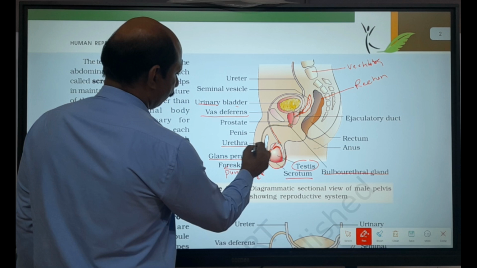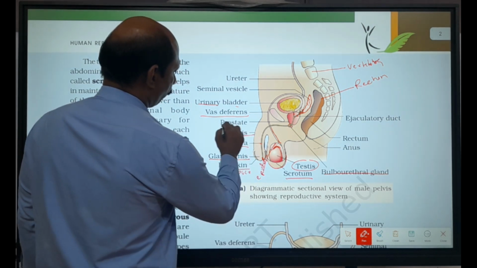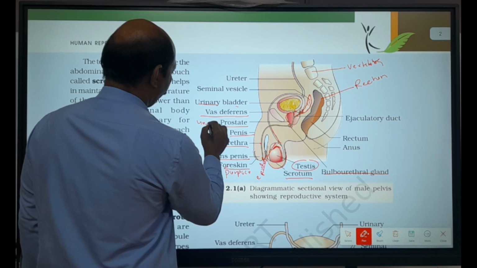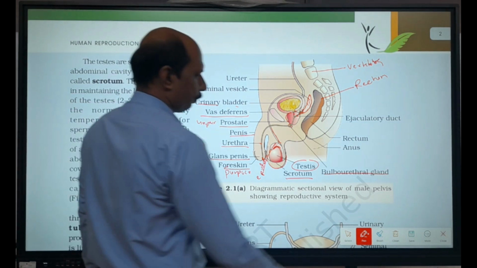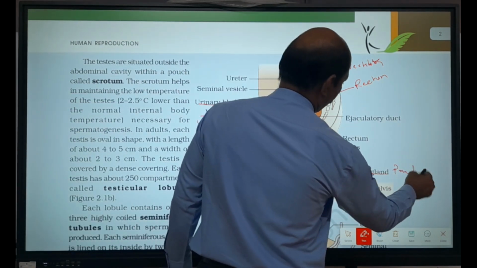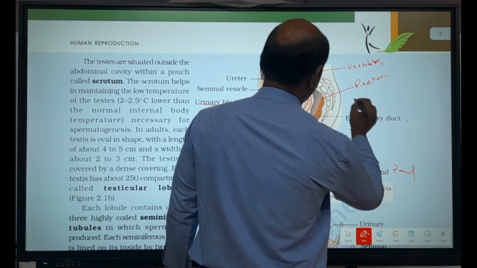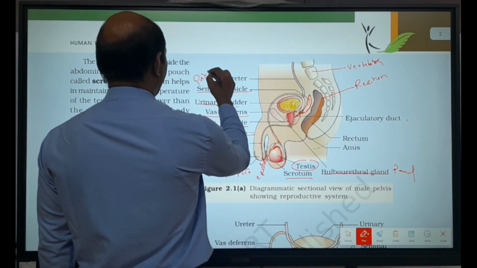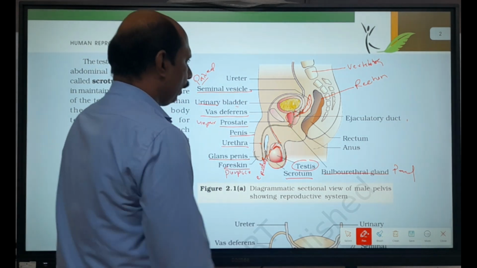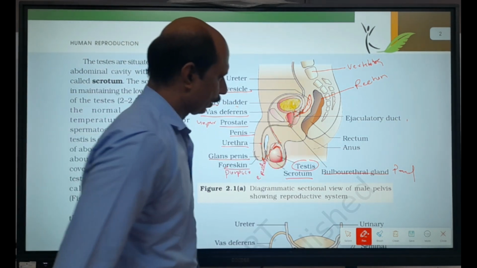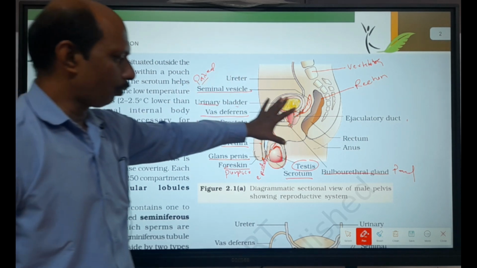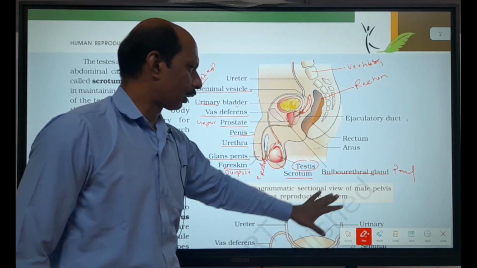This one is the urethra, single, within the penis. This is the prostate gland, a single, unpaired gland, but the seminal vesicle is paired. The ureter comes from our kidney. So this is the diagrammatic sectional view of the male pelvis showing the reproductive system.